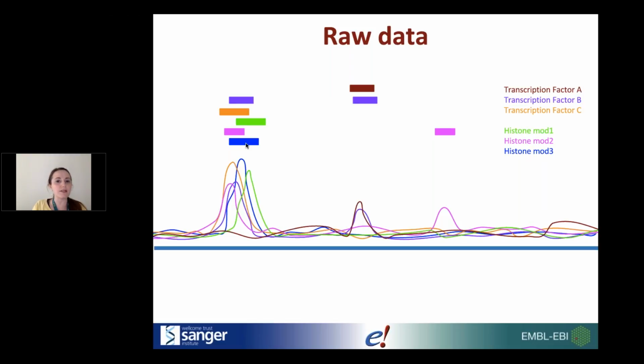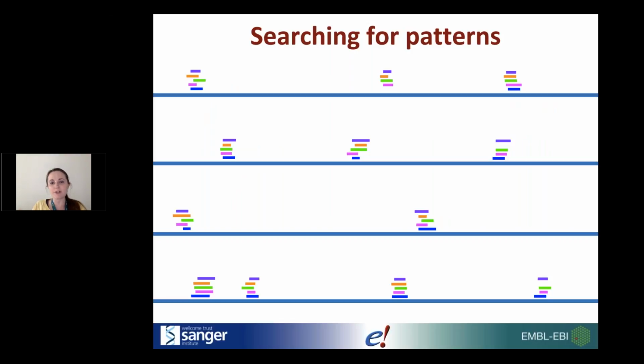And what we do with this data is we look for patterns. So we would say, well, this looks like a region of interest. Our pipeline would identify that there are a number of different features occurring together in one place. Then it looks around the whole of the genome and tries to identify regions where we see the same patterns repeated.